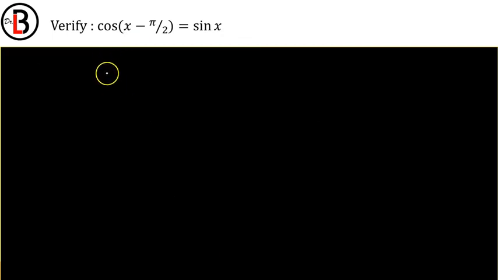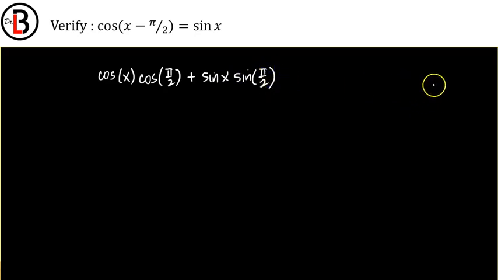So using the sum difference formulas, I can say this is cosine of x, cosine of pi over 2 plus sine of x, sine of pi over 2. And then you can see there's pi over 2. You can look at the quadrantal angles. This is 1, 0. This is 0, 1, negative 1, 0, and 0, negative 1.